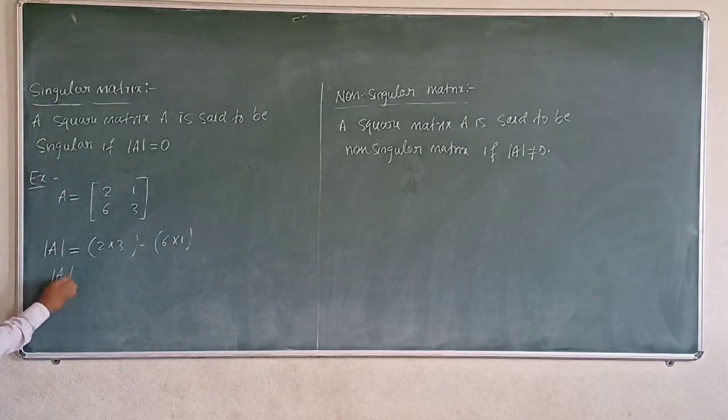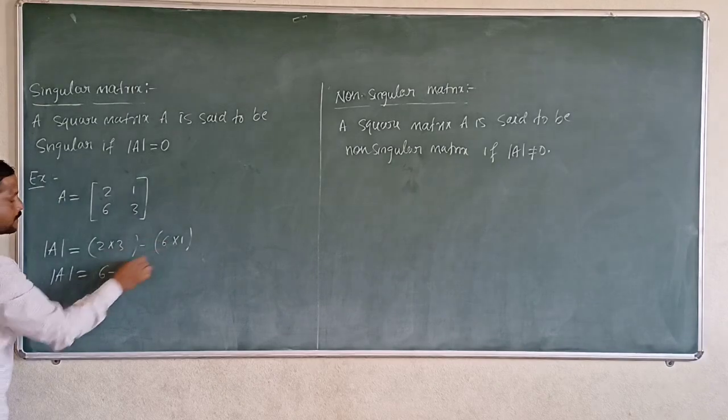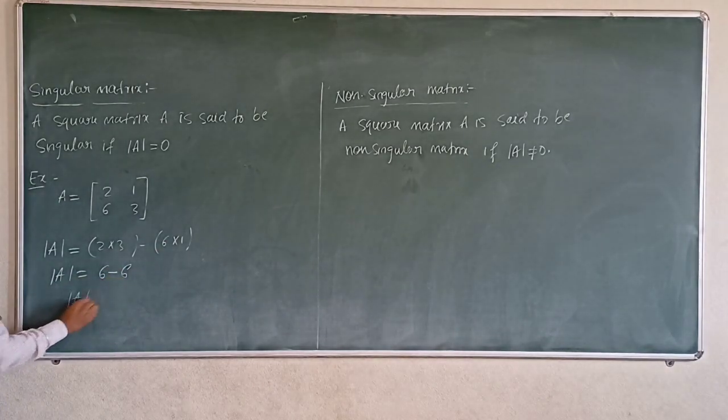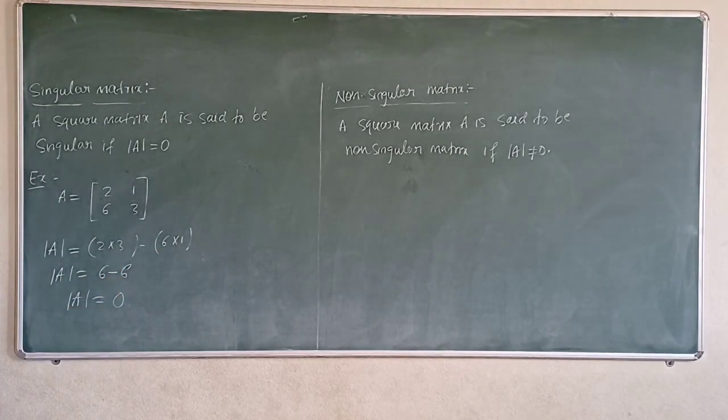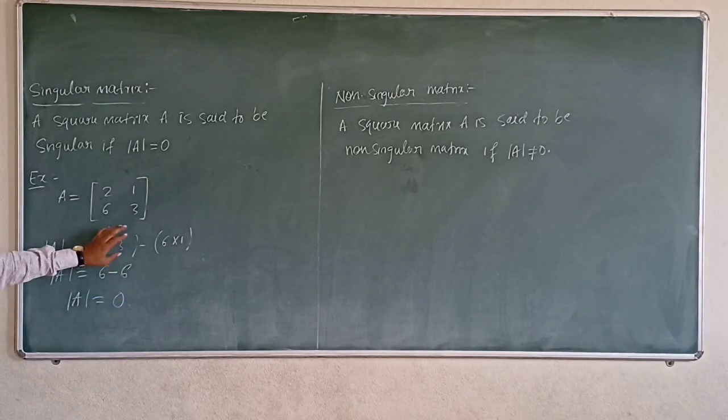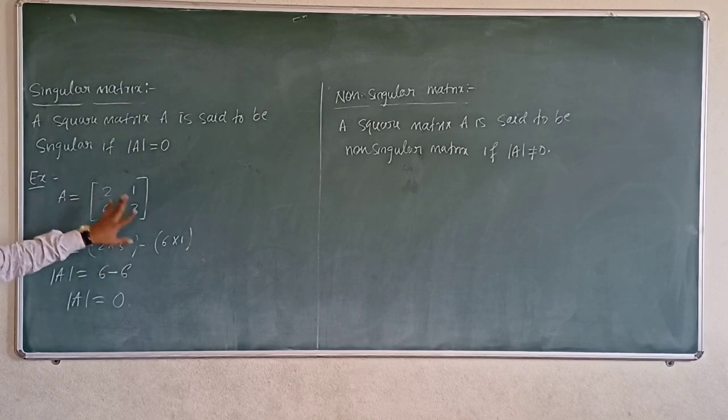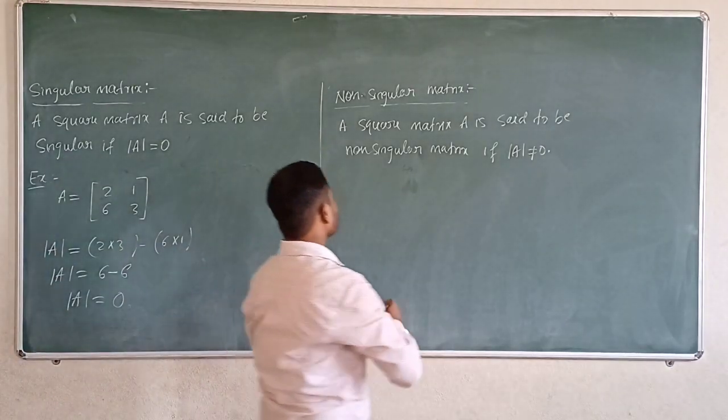Then determinant of A is equal to 2 3s are 6, 6 1s are 6. Then determinant of A is equal to what here? Now the given matrix is a singular matrix. If you say singular matrix, you have to get the same value, the determinant 0. Right, same as it is.